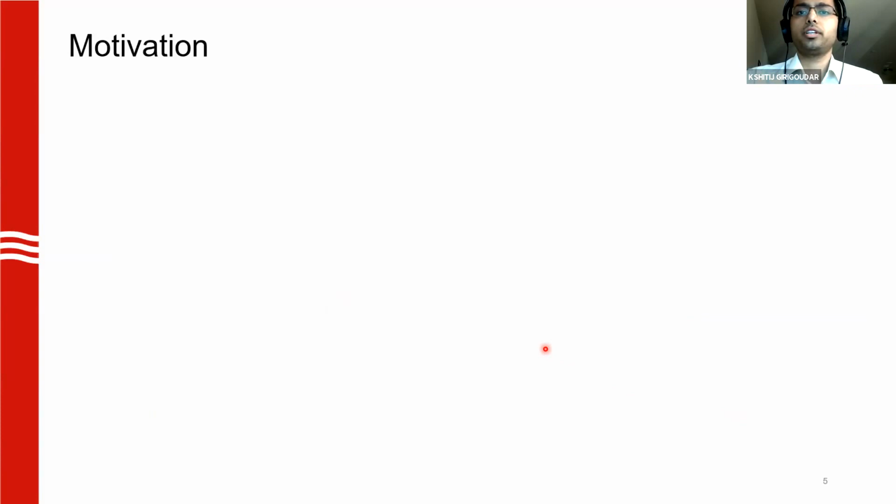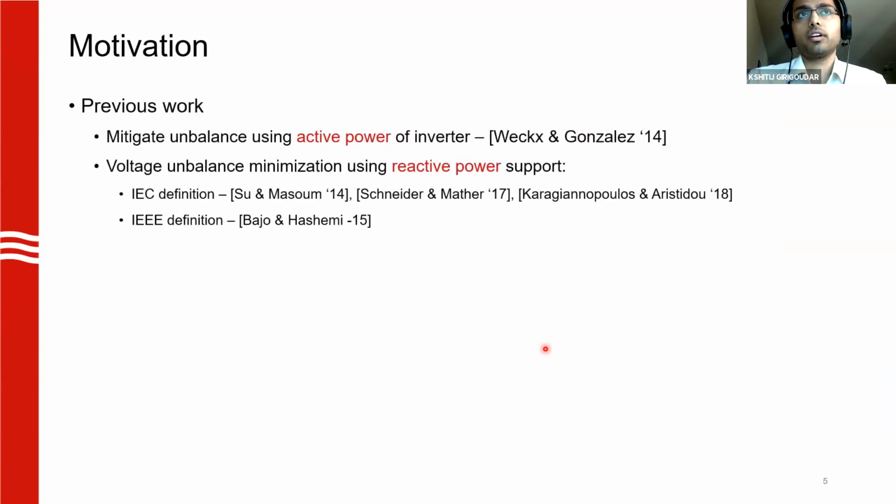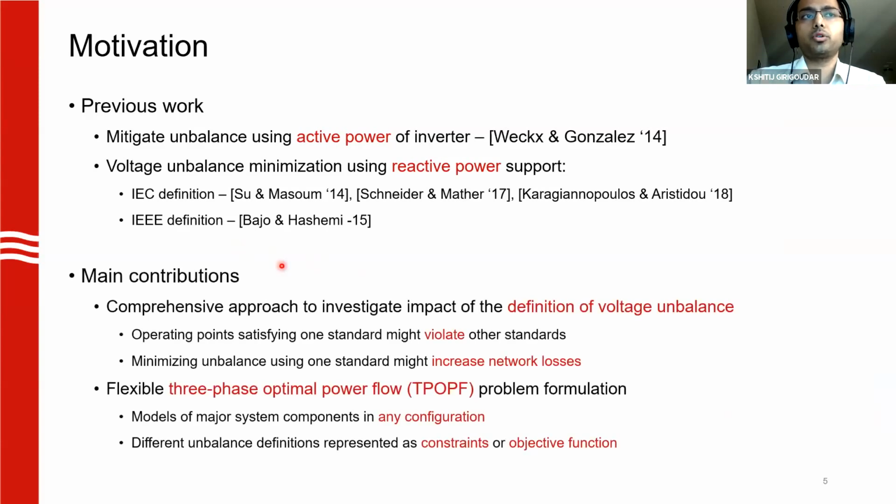Now I'll move on to the motivation for the work. There has already been some work in this area where the active and reactive power of the inverters have been used to minimize unbalance, but they mostly focus on one of the voltage unbalance definitions. Different from the previous work, what we try to do is have a more comprehensive approach and evaluate how using different definitions of unbalance has an impact when we solve the three-phase optimal power flow problem.